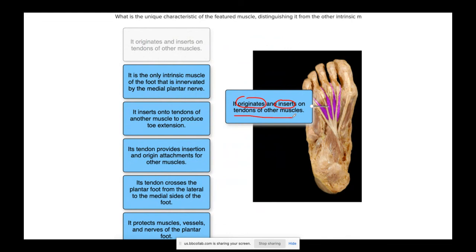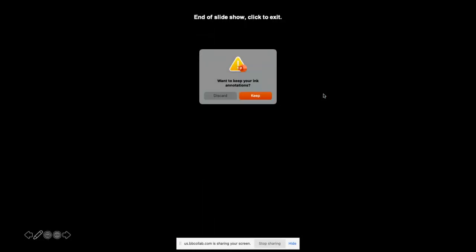And that's a pretty rare finding, to have a belly of a muscle that originates on a tendon, which we see here. It originates on a tendon and inserts onto other tendons. It's just odd that you're going to find that. So sometimes I like to ask these weird, unique things.